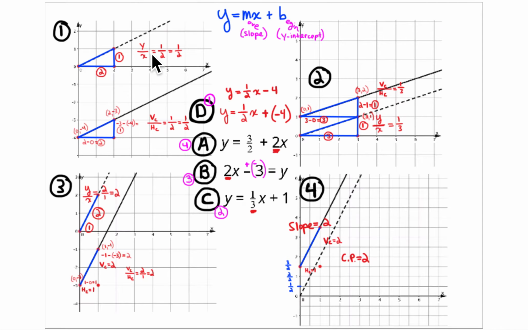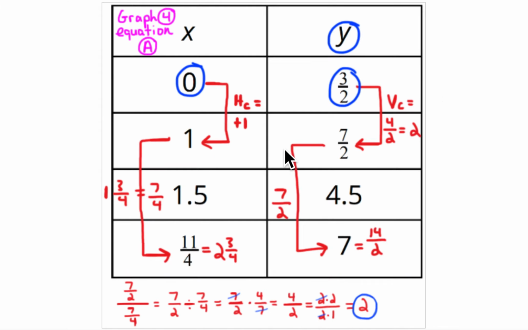Let's go back here a little bit. Graph 4, equation A. So this is graph 4. This is equation A. So it has a vertical intercept of 3/2 and a slope of 2. So let's pick up the slope for just a second.